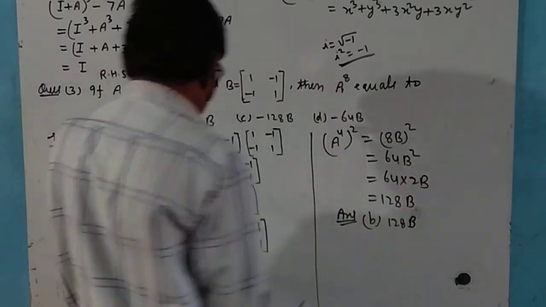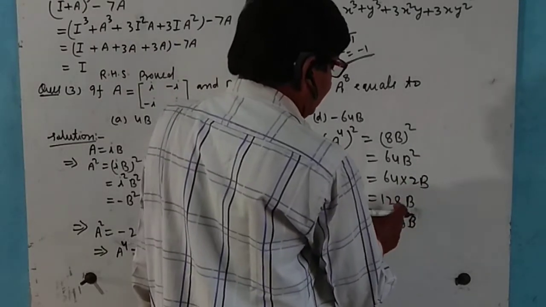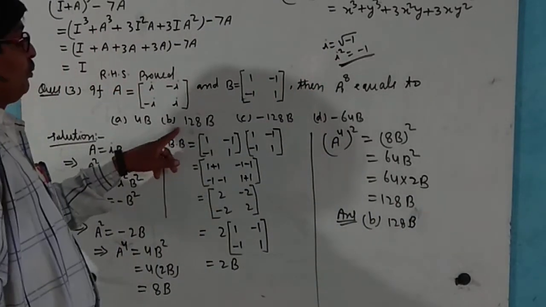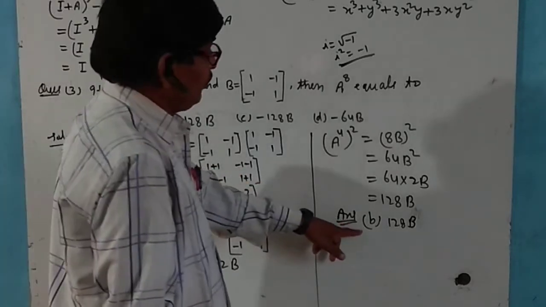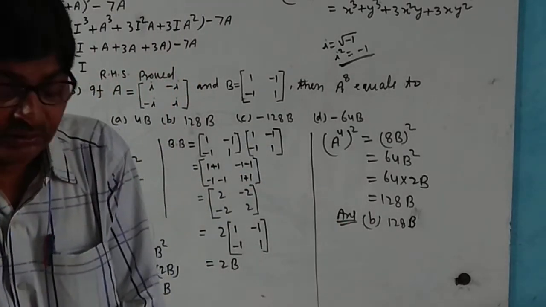Putting the value of B squared, that is 2B, we get 128B, and this is the answer, 128B.